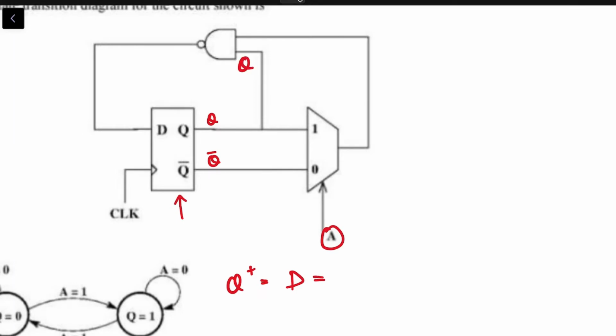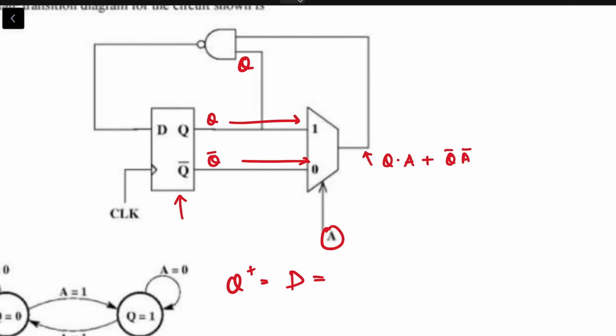So you have Q that propagates till here, and Q comes to 1 and Q bar comes to 0. So the idea is, if A is 1, then the output is Q, and if A is 0, the output is Q bar, because this is a multiplexer with A as its select signal.